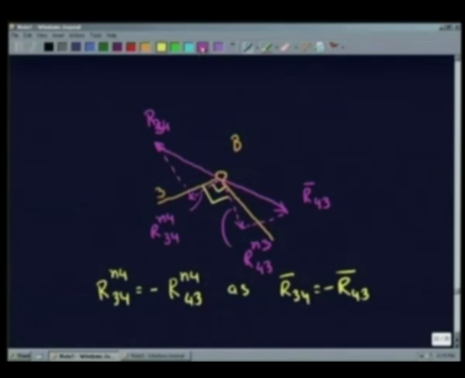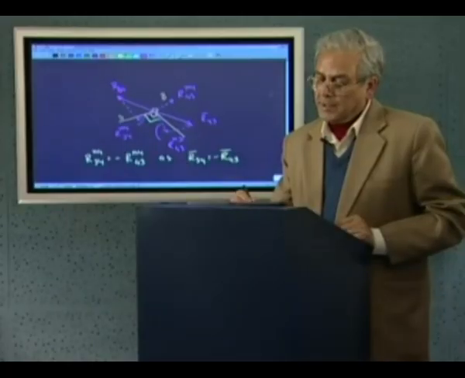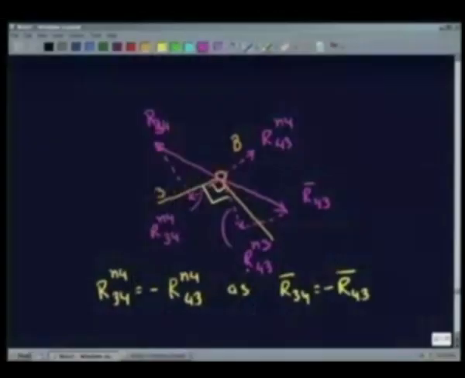So we can say that R43 normal to 4 will be just equal and opposite to this. So now you find the situation that this is the component of the force R43 in a direction which is perpendicular to link 3. This is the component of the same force R43 in another direction which is perpendicular to link 4.